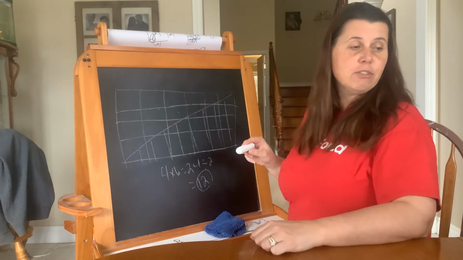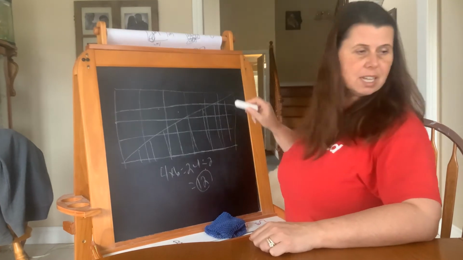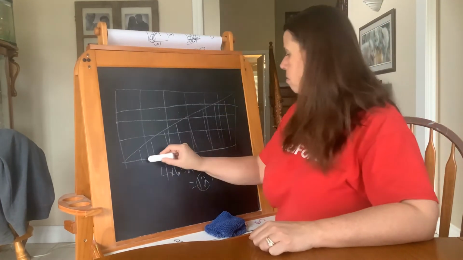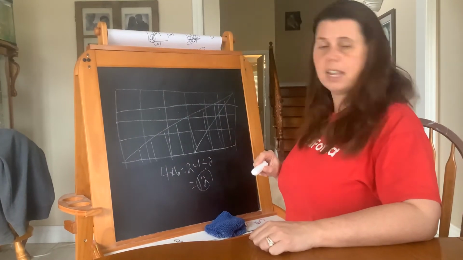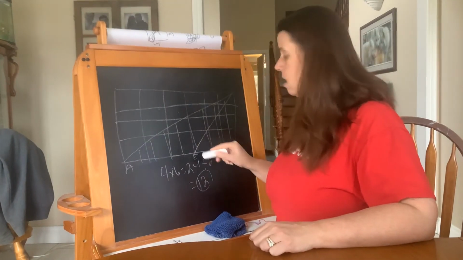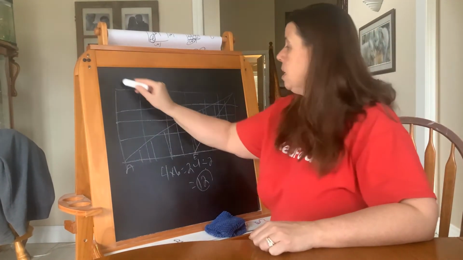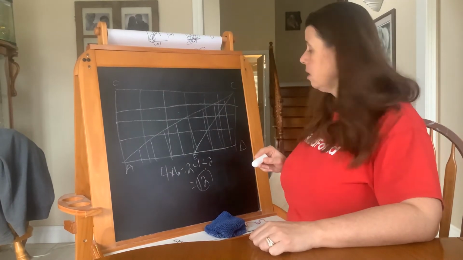Now, they've got it coming down at number 3. 1, 2, 3. They've got this triangle drawn there, right? So this is A, this is E, this is B, this is C, I assume this is D. Okay?